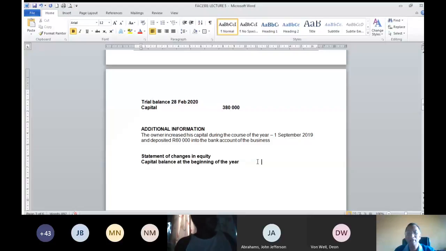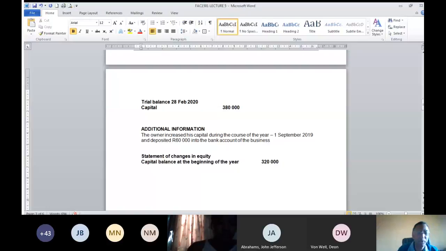My capital balance at the beginning of the year will be 320,000 rand because that is what the capital value was on the 1st of March 2019. And then I will have a movement. I'm now going to add here an addition to the capital because the owner has increased his capital during the course of the year, and my movement in this exercise will be the 60,000 rand that he has contributed during the course of the year.